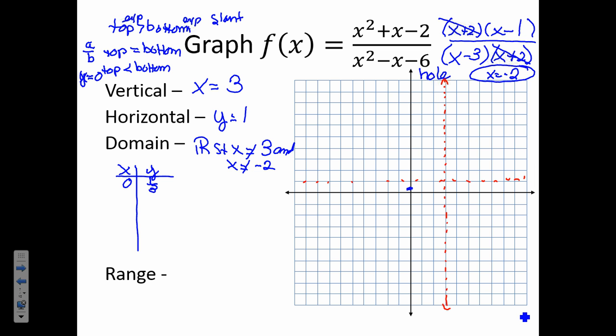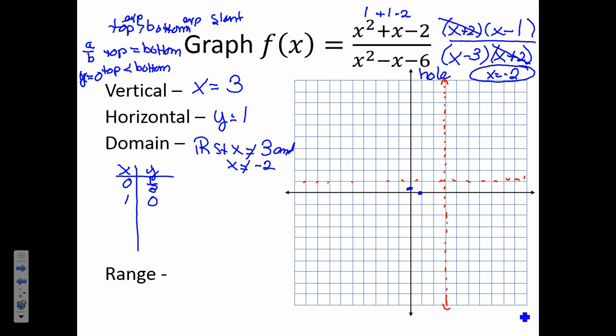Another nice number to try, 1. So when I put 1 in, 1 squared is 1, plus 1, minus 2. Doesn't matter what's in the denominator, it's going to be a 0, right? Okay. So when I'm 1 over, I am 0 up.